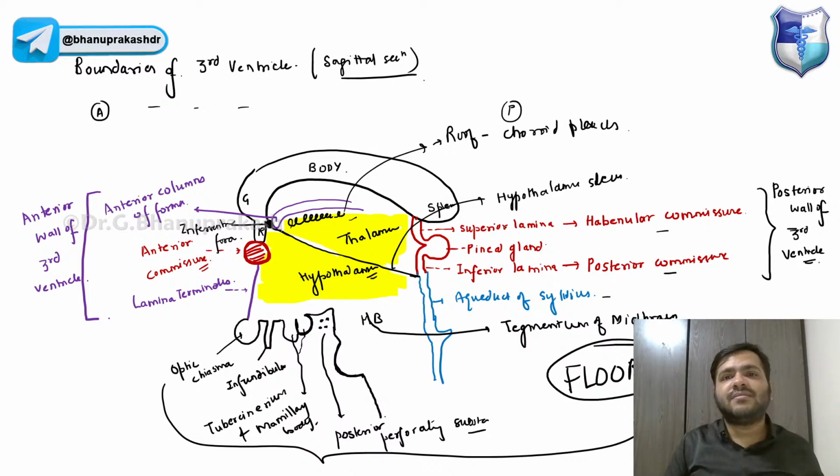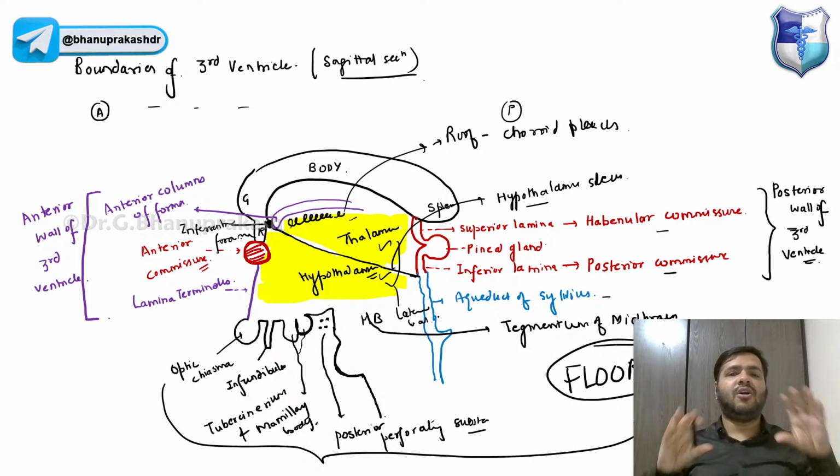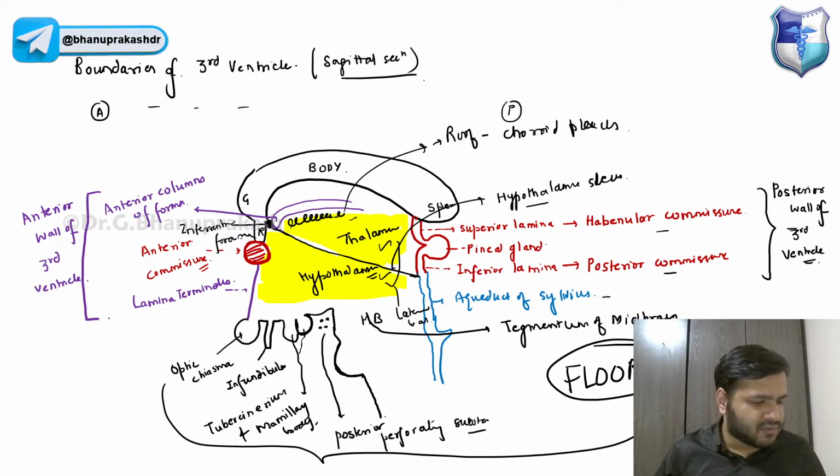So basically this hypothalamic sulcus extends from the interventricular foramen to the aqueduct of Sylvius, and the thalamus and hypothalamus form the lateral wall, guys, with the cavity in the middle. That is something you have to remember about the boundaries of the third ventricle, especially the floor. That is very important.